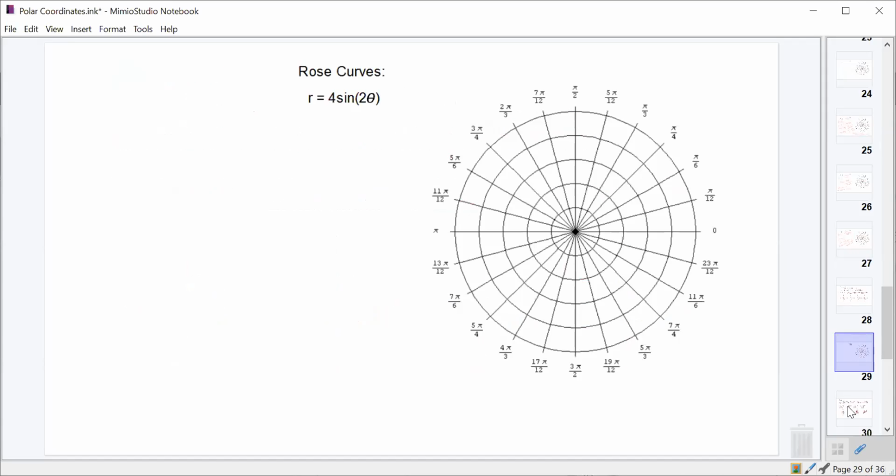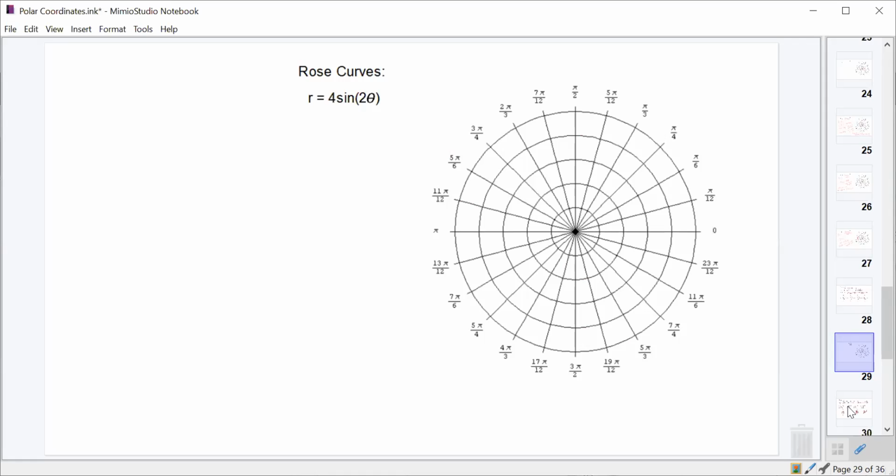So let's move on and talk about something called rose curves. Rose curves are another wonderful polar graph. They look like flowers. That's why they're called rose curves. So we've got r equals 4 sine of 2 theta.